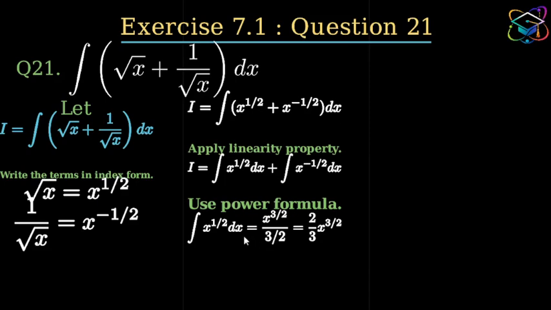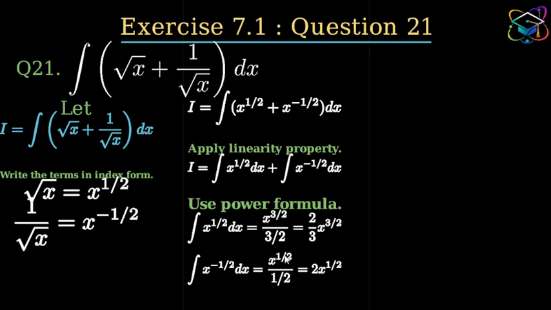Integration of x raised to minus half dx is equal to, again using the power formula, minus half plus 1. Minus half plus 1 is half. So x raised to half will be in the numerator, and this power will be written in the denominator.